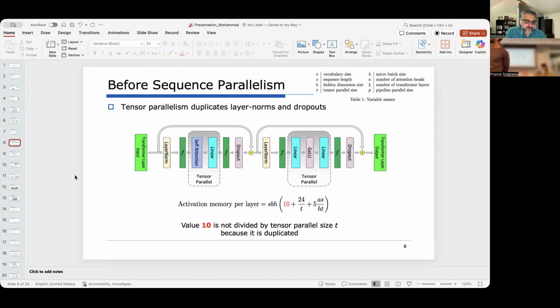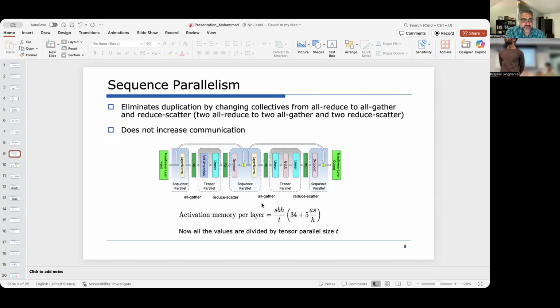So what was our solution? Instead of using an all reduce, we broke up the all reduce into an all gather and a reduce scatter. At these regions, we have sequence parallelism, so we parallelize across sequences. Through an all gather, we go to a region that we parallelize across the hidden dimension, which is tensor parallelism.